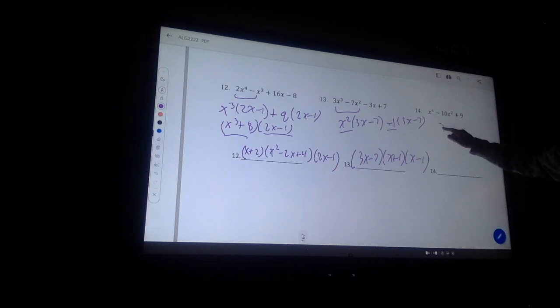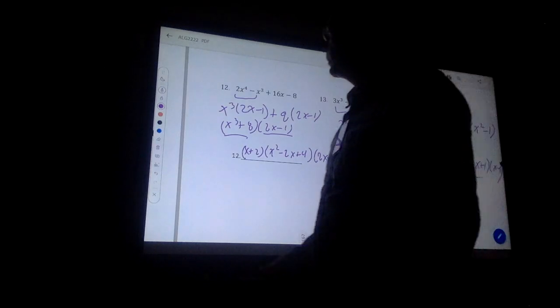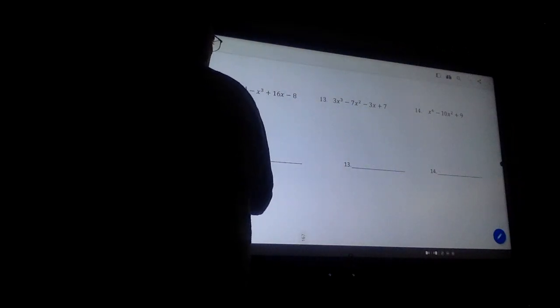This one's going to give me x squared minus 9 and x squared minus 1, which breaks down to x plus 3, x minus 3, x plus 1, x minus 1.